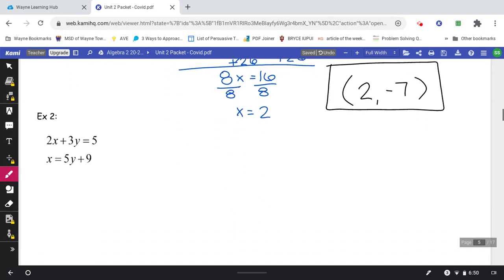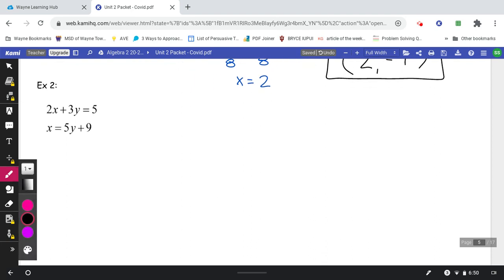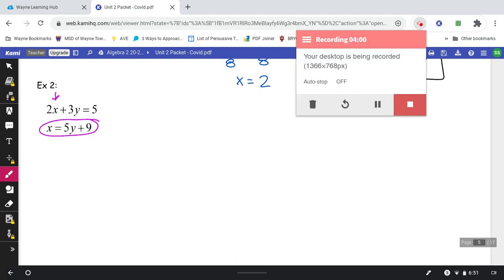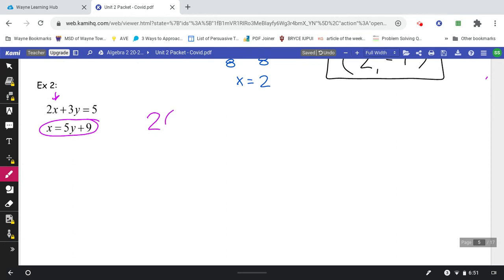All right, example number 2. This one's set up a little bit differently. You have x equals this time. And we're going to substitute it in for that x. So the equation is going to look like this. 2, substitute it in, 5y plus 9.